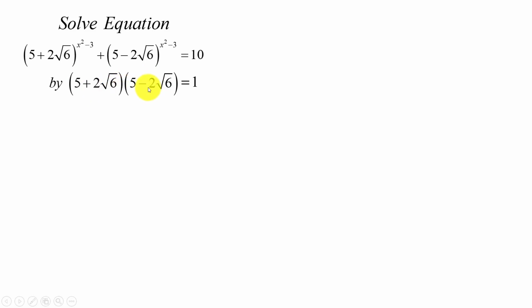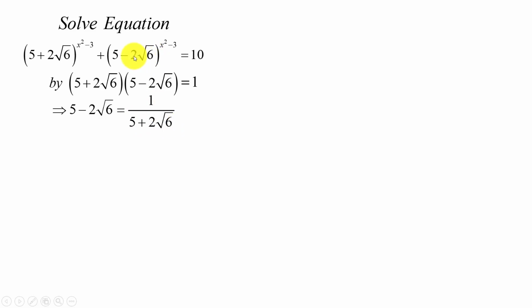So I find this term. I divide both sides of this equation by 5 plus 2 square root 6, and we get 5 minus 2 square root 6 equals 1 divided by 5 plus 2 square root 6.